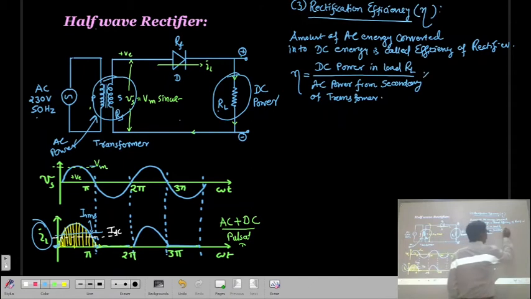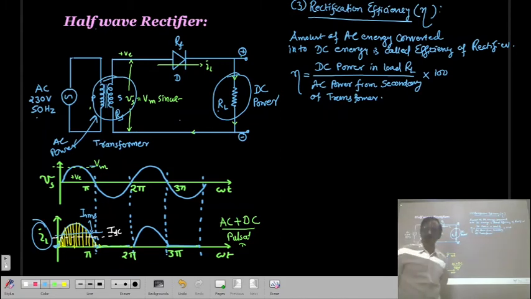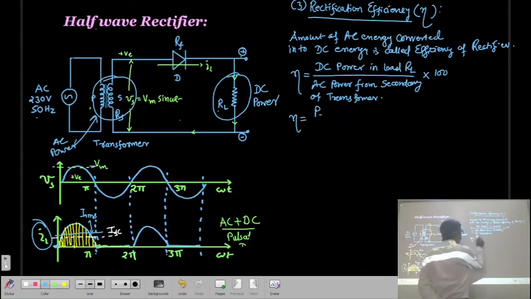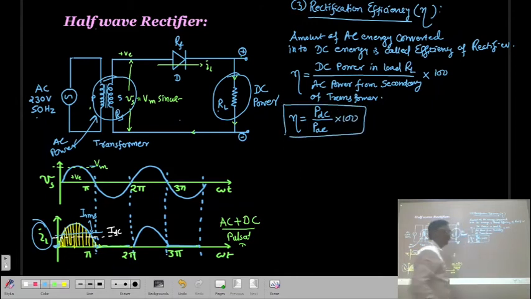Normally we represent the rectifier efficiency in percentage, so you multiply by 100. In short, it is calculated as PDC by PAC multiplied by 100. So this is called the rectification efficiency.